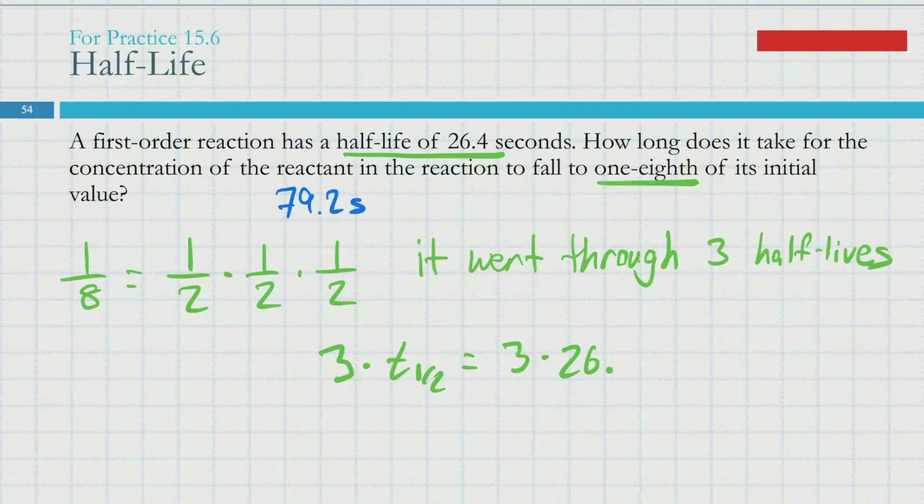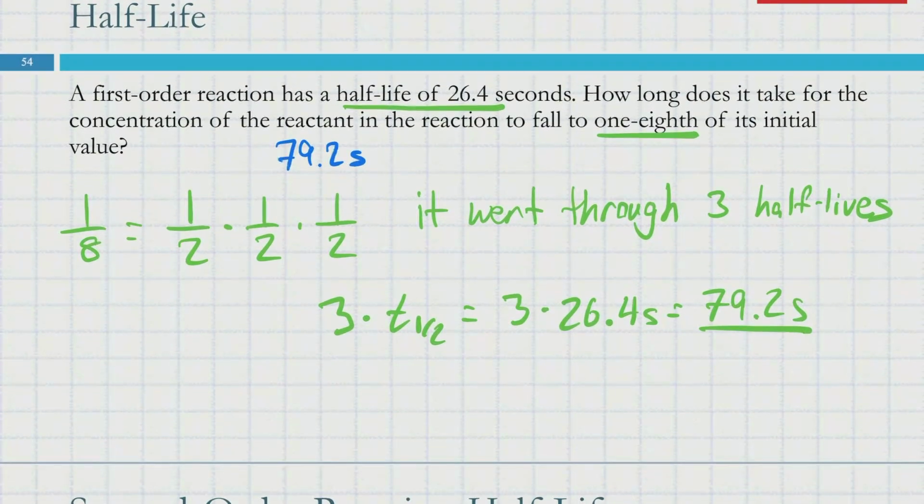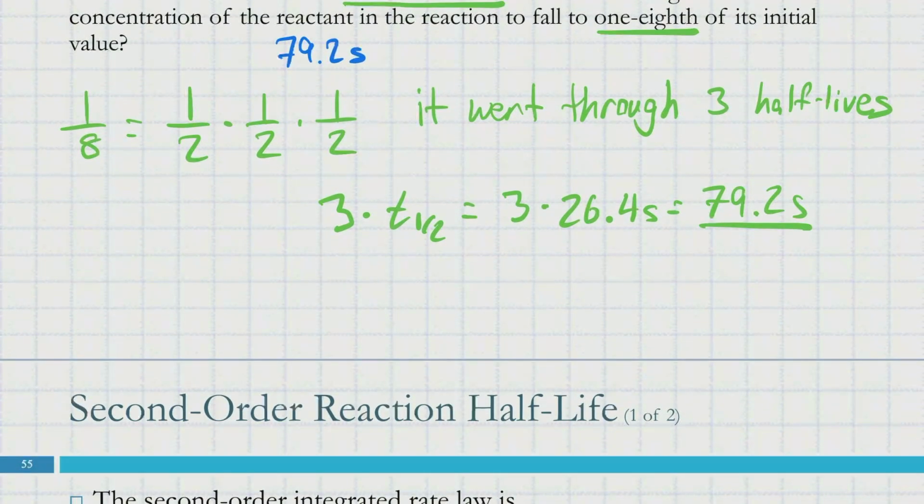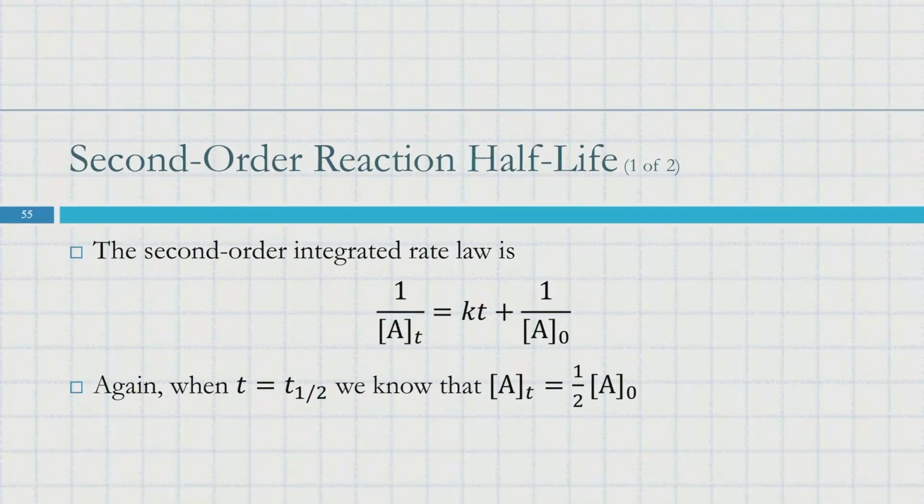So 3 times 26.4 seconds is 79.2 seconds for our answer. So that's our first order half-life.